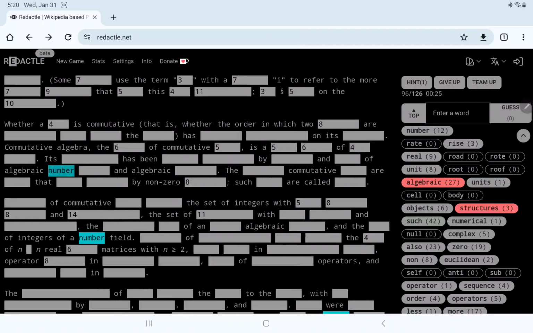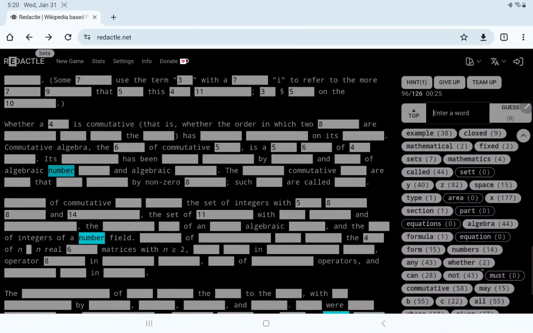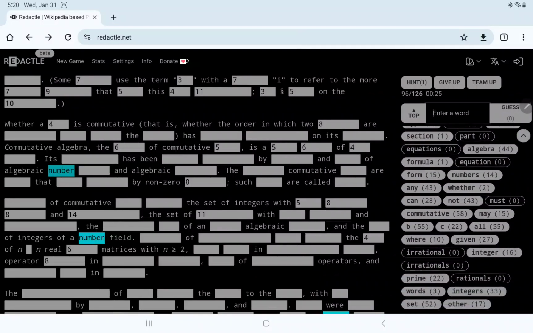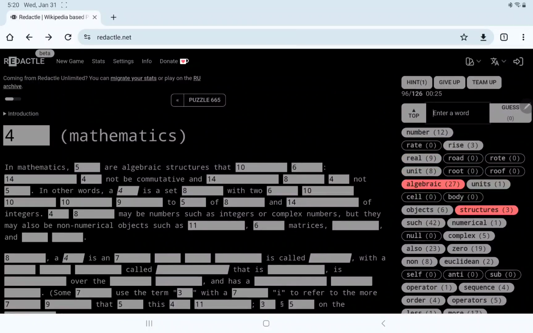How did I not do number yet? Oh, I did numbers, plural. Oh my goodness, can't believe I didn't do number yet. So maybe it's some very basic word that I think I've tried. In other words, a something is a set. I did operator as a set.